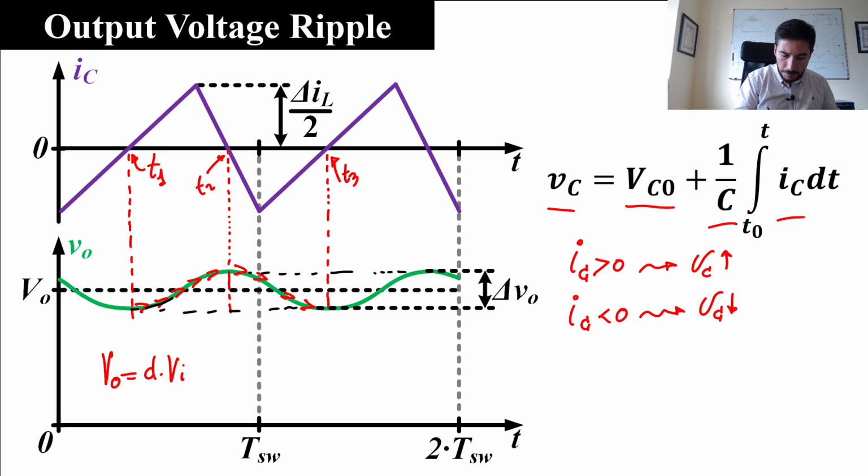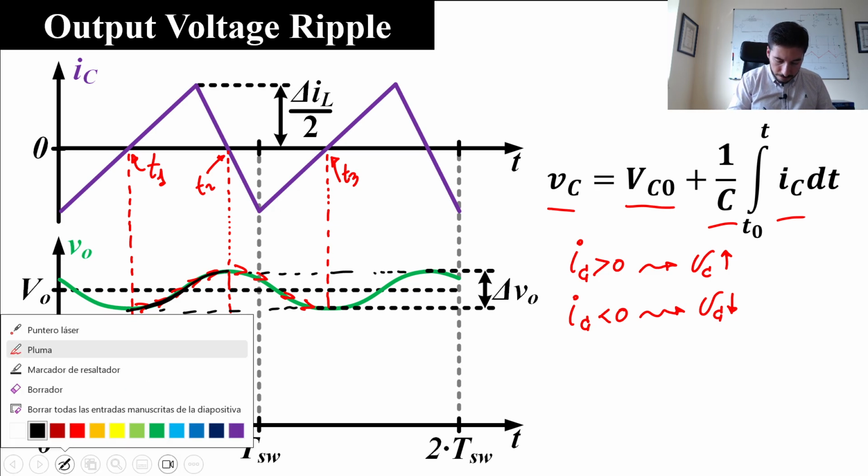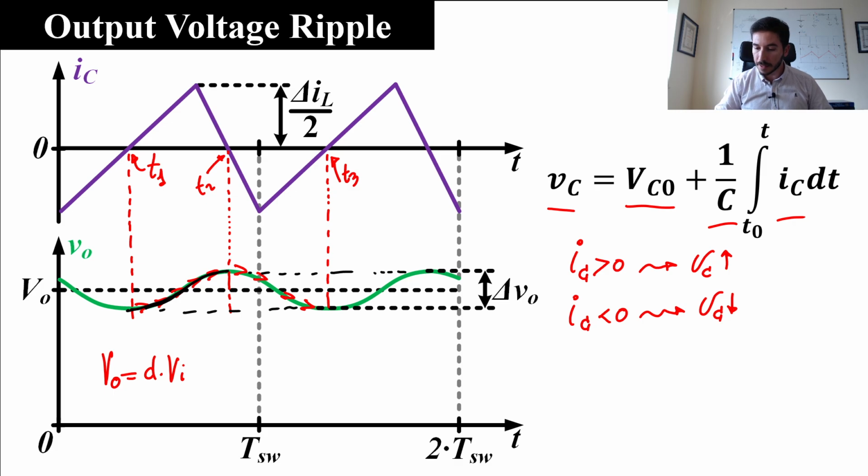Okay? So in other words, we are going to see what is the increase of the voltage between T1 and T2. In this way, we can use the expression we have on the slide and say that the capacitor voltage ripple, or output voltage ripple, is 1 over C times the integral between T1 and T2 of the capacitor current.